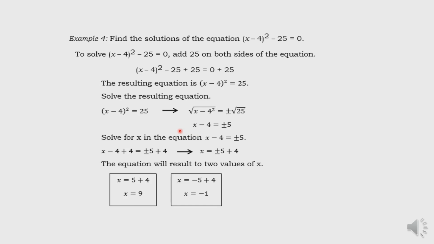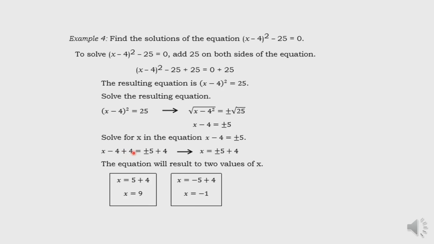Let's simplify this part first. Taking the square root of both sides, we have the square root of the quantity x minus 4 squared, with a quantity to signify that the whole binomial is squared, equals plus and minus the square root of 25. Then we come up with x minus 4 equals positive 5 and negative 5.